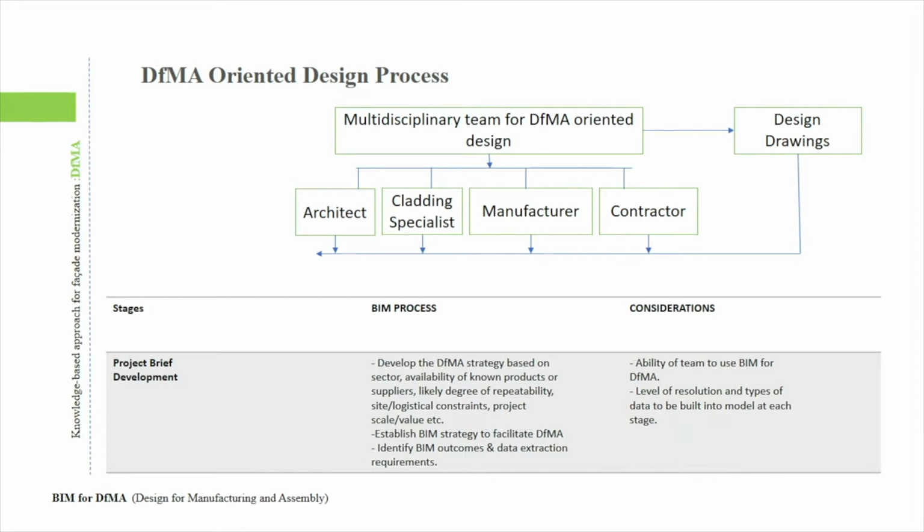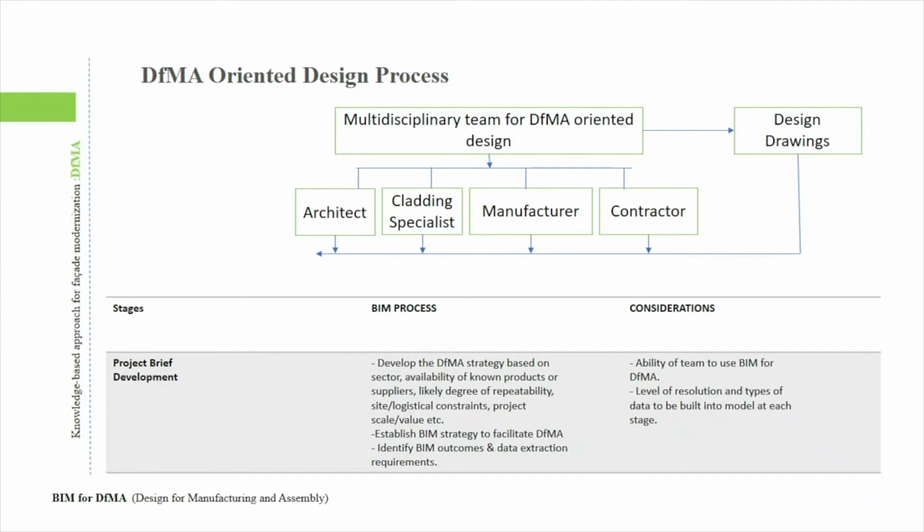In a DfMA-oriented design process, architect, cladding specialist, manufacturer, and contractor all work together, and early involvement of these specialists at the earliest stage of design and model development is shown through the diagram like this.